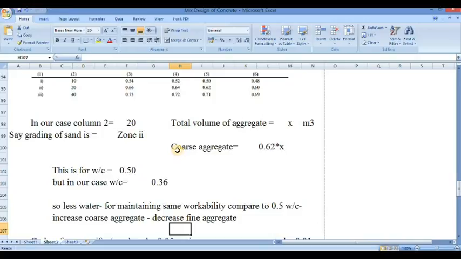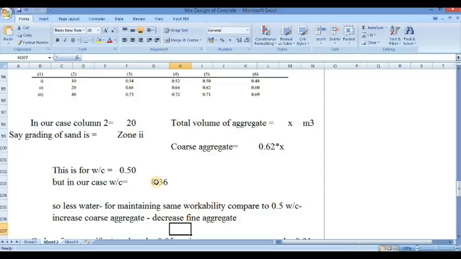So if you have less water, you have to think of less surface area. Simple physics. Just compare stone chips and the same volume of sand. Obviously sand has many times more surface area compared to the coarse aggregate or the stone.